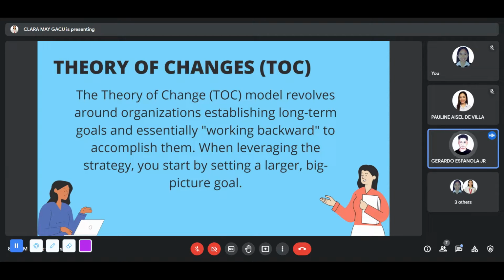So you need to identify the intermediate term adjustments and plans you need to make to achieve your desired outcome. And finally, you work down a level and plan the various short-term changes you need to make to realize the intermediate ones. More specifically, you need to take these strides. So next slide po.